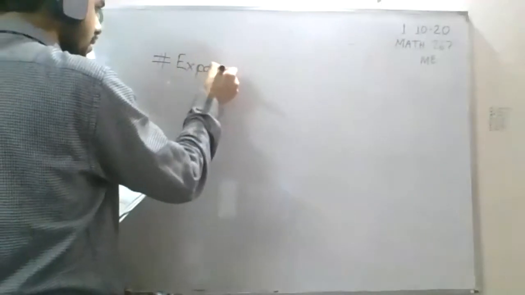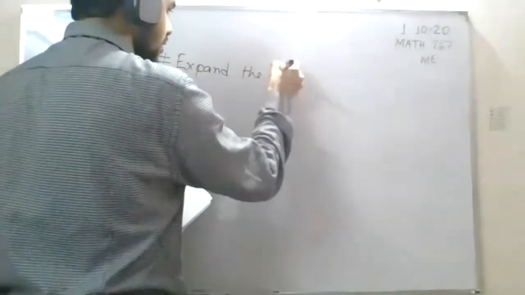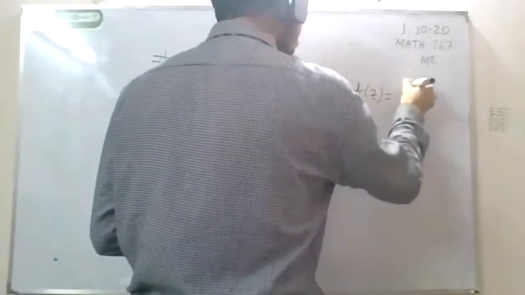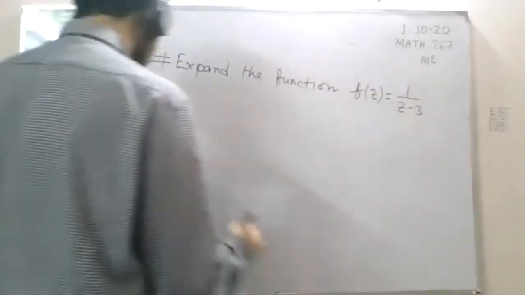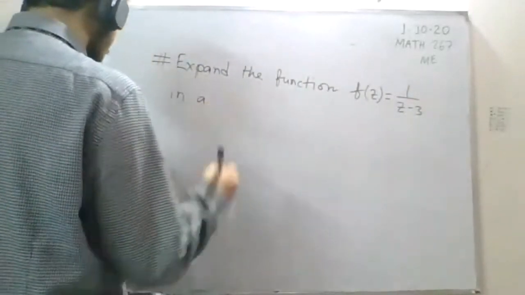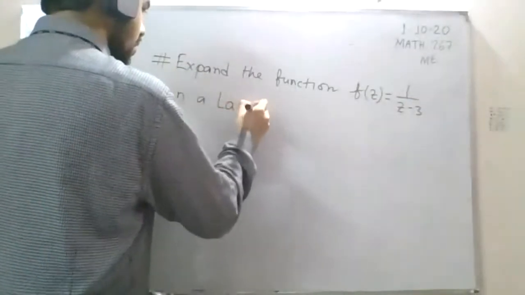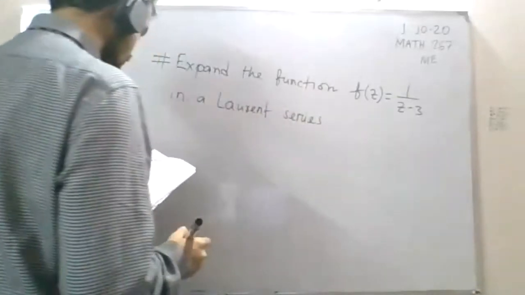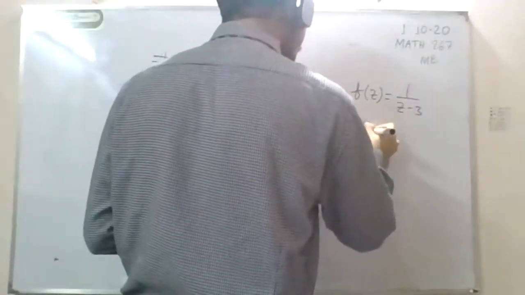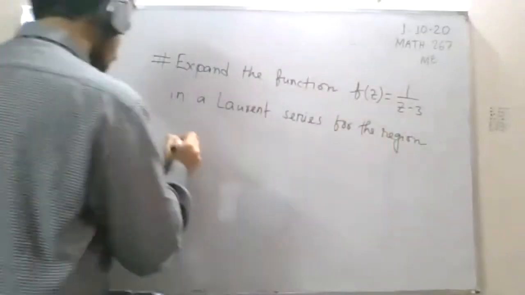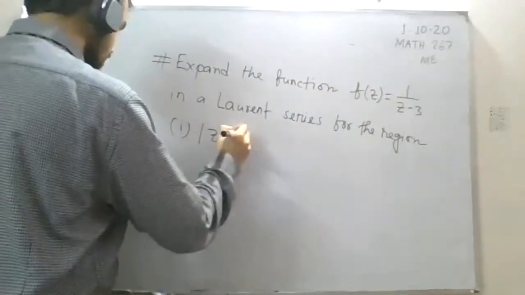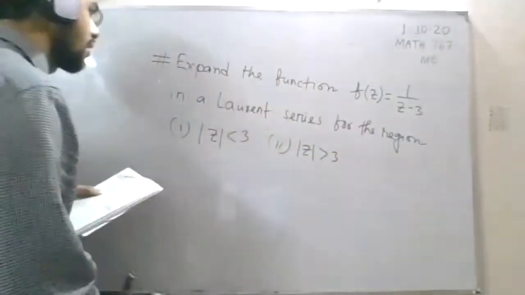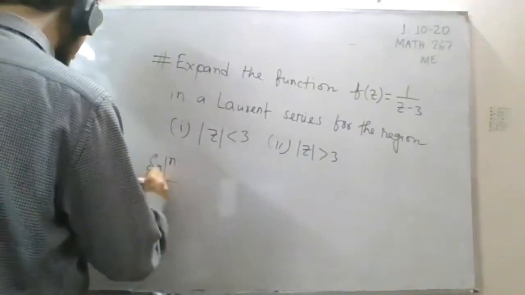Expand the function f(z) equals 1 by (z minus 3) in a Laurent series for the region between 1 and 3.